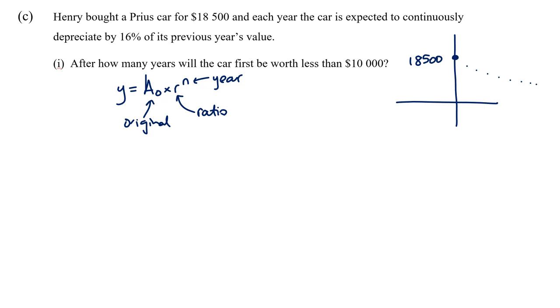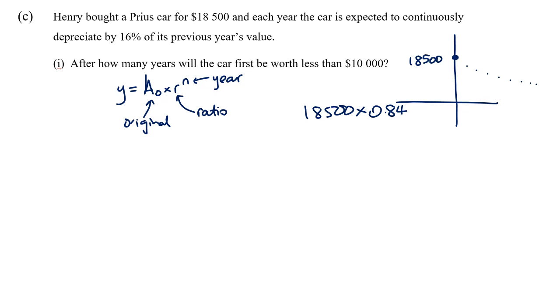Okay? Because if I asked you to calculate how much it would be after year 1, hopefully you will all go, that is 18,500 times what? 0.84. Okay? You could find 16%, which is 0.16, and then minus that off 100%.